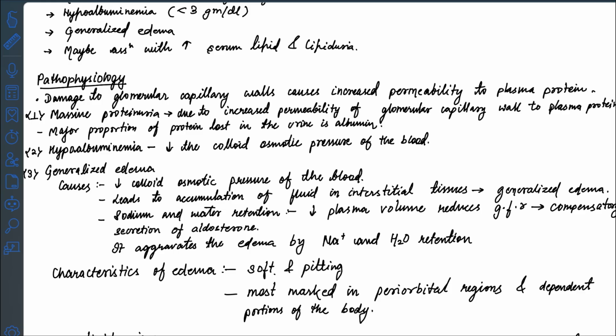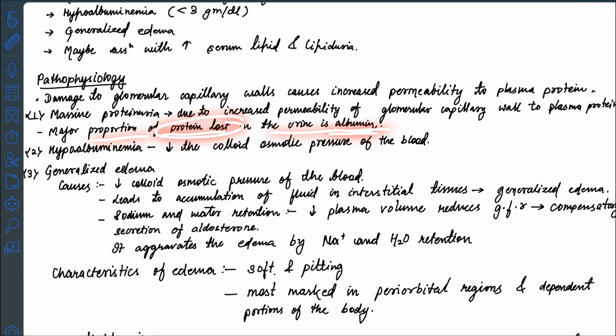Damage can lead to increase in its permeability, and most of the things तो glomerulus से filtrate हो जाते थे, right? But plasma protein जो कि पहले नहीं filter हो रहे थे अब वो भी filter हो रहे हैं, so there is its increased permeability to plasma protein. Obviously if there is increased permeability, so there is going to be more and more filtration leading to massive proteinuria.